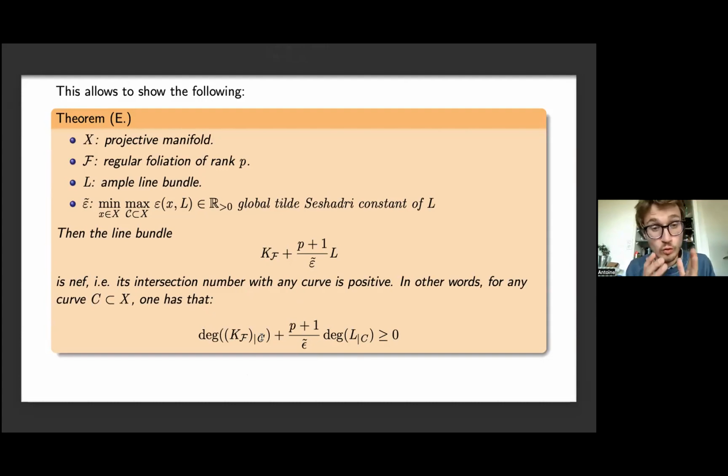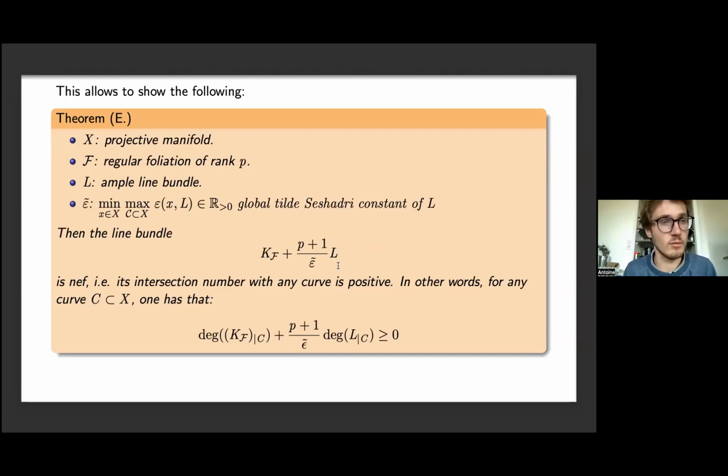Okay, and so to prove that kind of result, the idea is, well, with the previous construction, to construct global sections of big powers of this that do not vanish at any given point.